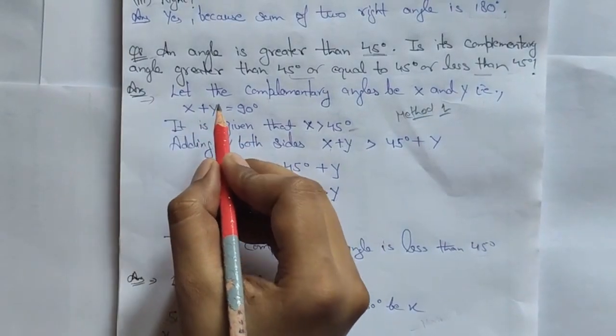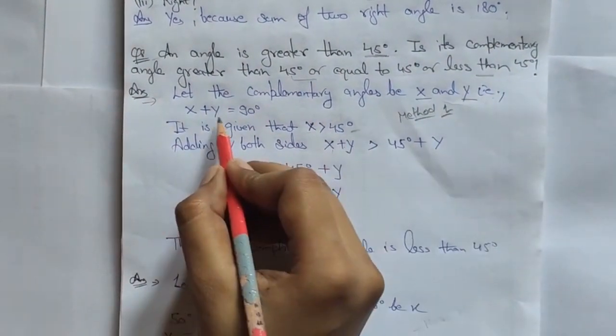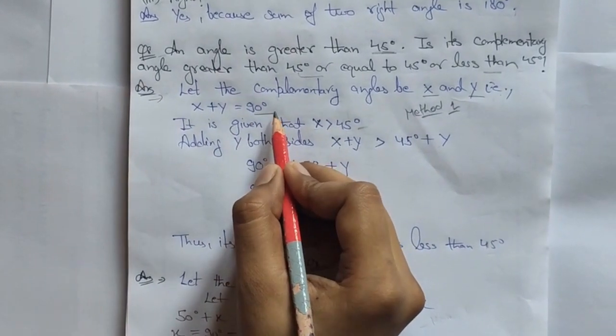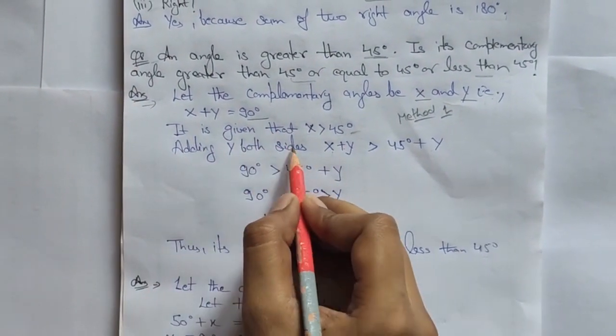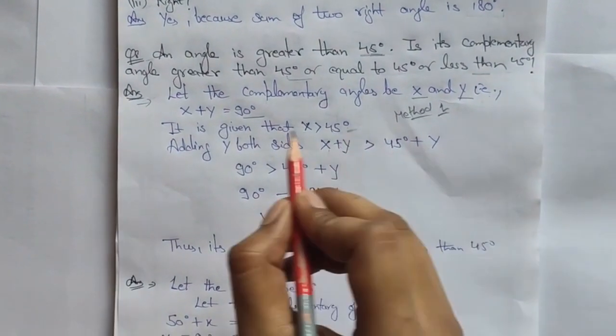Let's solve. Let the complementary angles be x and y, that is x plus y is equal to 90 degree. It is given that x is greater than 45 degree.